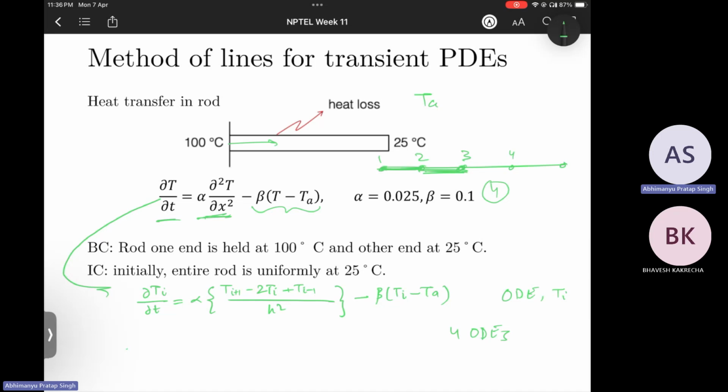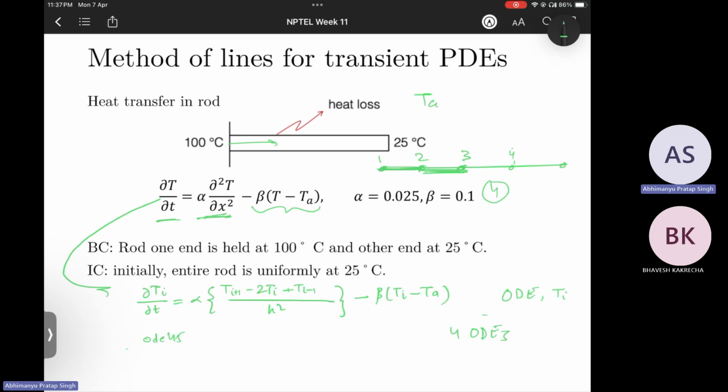So the ODE for this element is coupled with the previous element as well as the next element. We get these 4 coupled ODEs, right? And we solve this using ODE45, and then we combine the solution to get the final result. Okay.